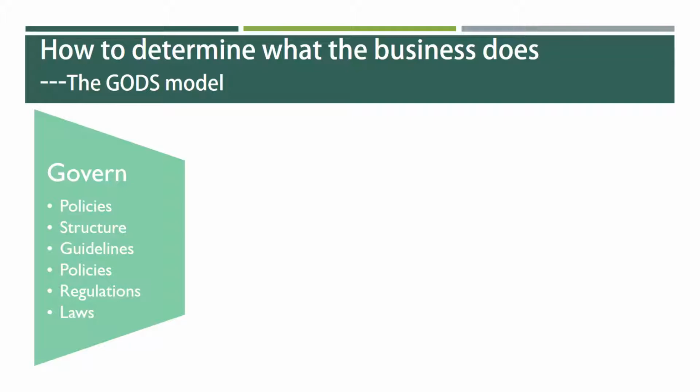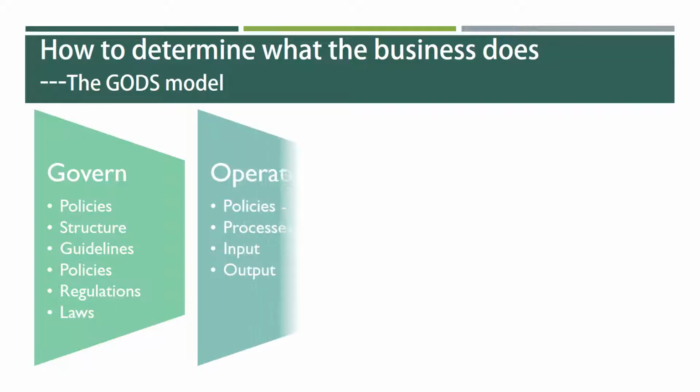These are the policies, structures, guidelines, regulations, and laws that affect the organization. Some of these items, laws, industry regulations, may not be changed, while others may change if there are organizational changes. The way the organization is governed sets the stage for how they operate.